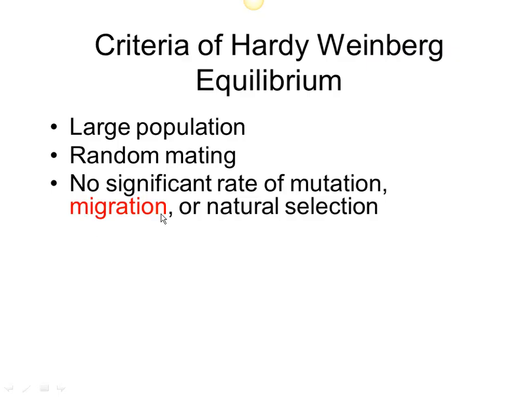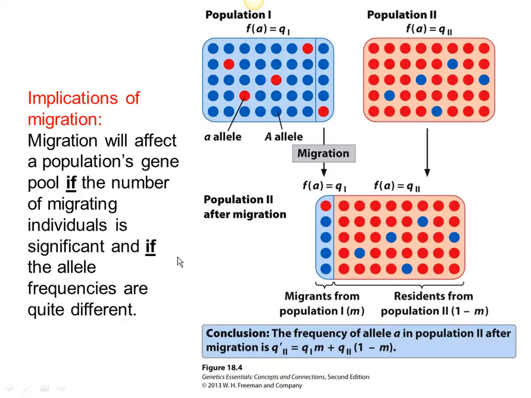Now what about migration? If you have migration, there can be an effect, it depends. The implications of migration are that migration will affect the gene pool and will push a population out of equilibrium if you meet these criteria. If the number of migrating individuals is significant, a larger number of individuals migrating, and if the allele frequencies of the two populations are quite different.